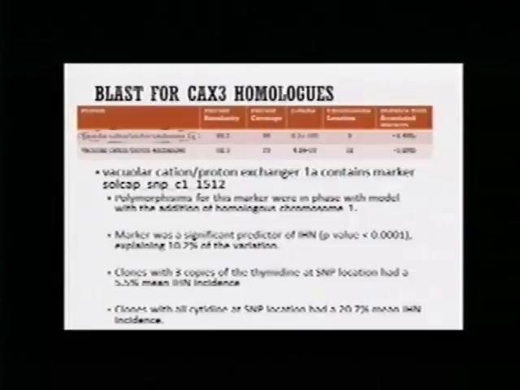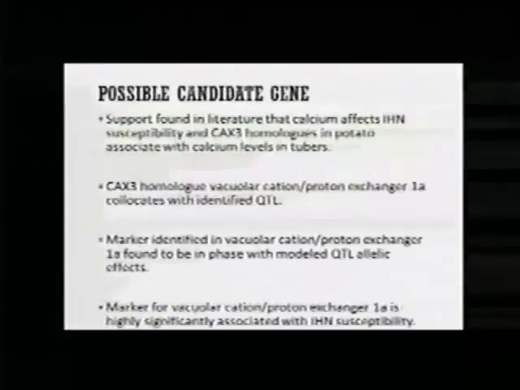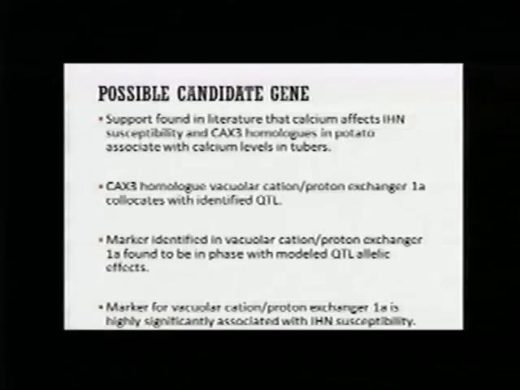So maybe it's a possible candidate gene. Obviously, a lot has to be done, but we're starting to build a case for it. We found that it supports the literature, that calcium correlates with IHN resistance, and these CAX3s associate with calcium levels in the tubers.